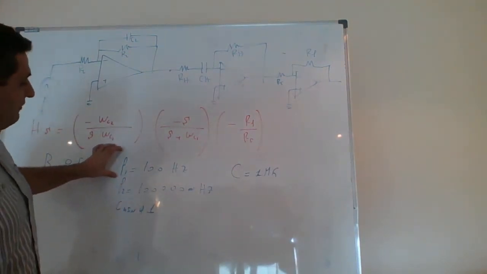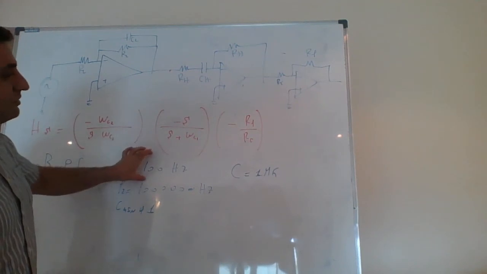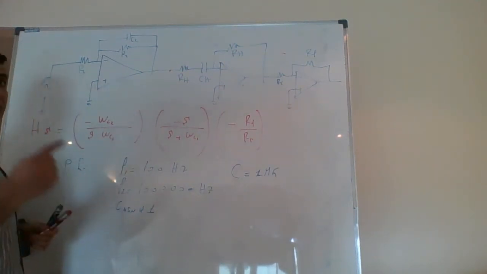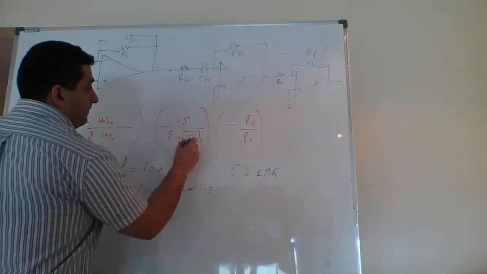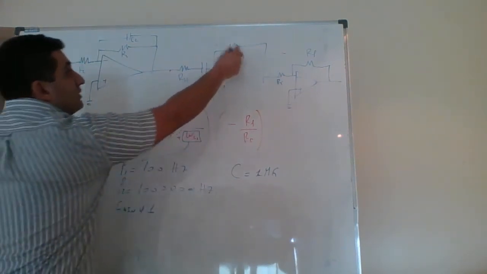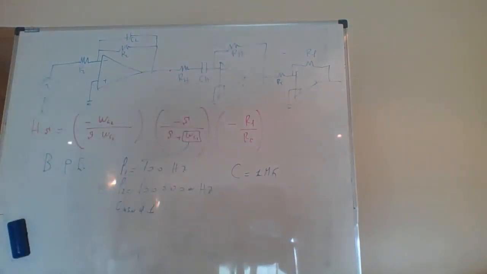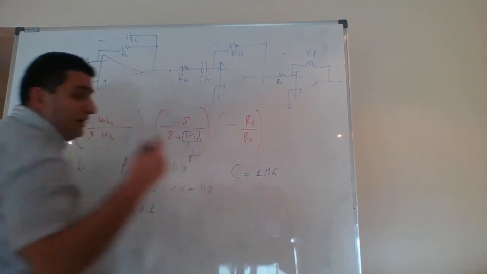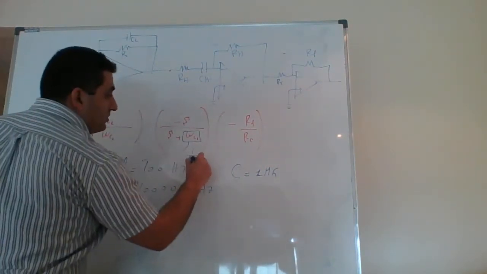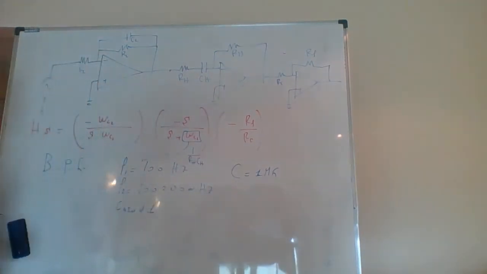F1 for the frequency 100 Hertz is related to the band pass filter. Remember omega C1 from the high pass filter is equal to 1 over RH CH.